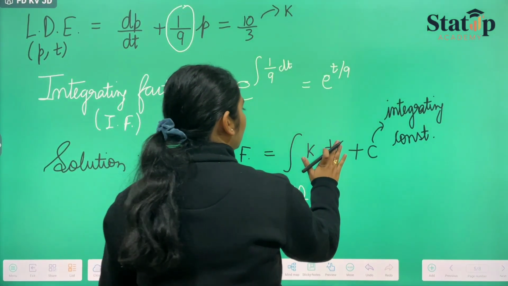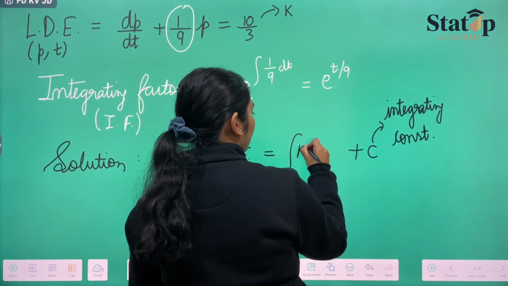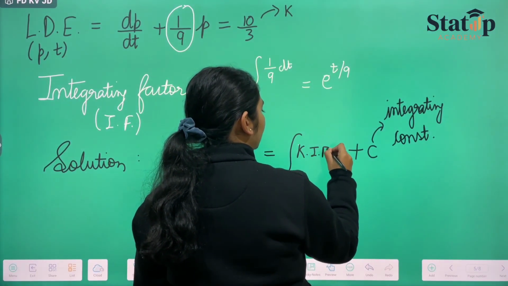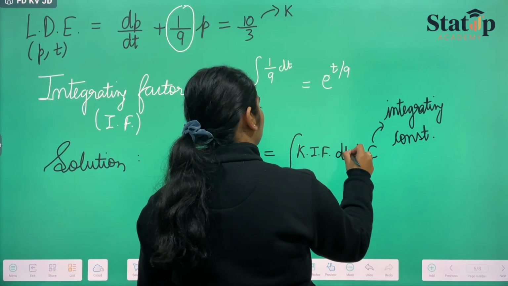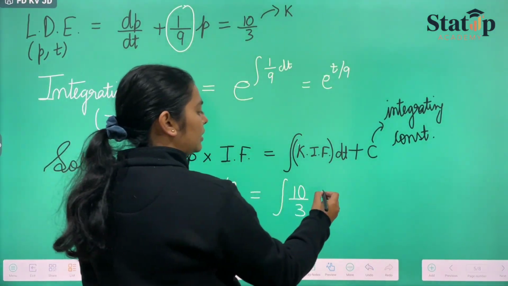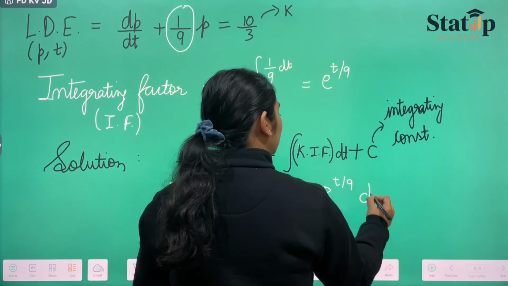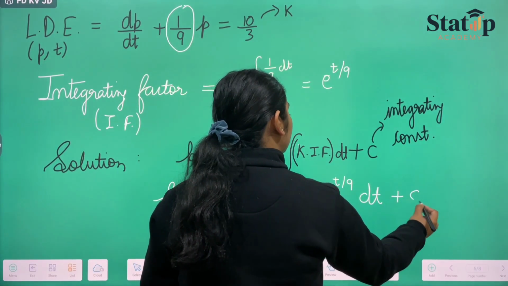This is k into integrating factor, k into integrating factor dt. So k into integrating factor is nothing but e raised to the power t by 9 dt plus c.